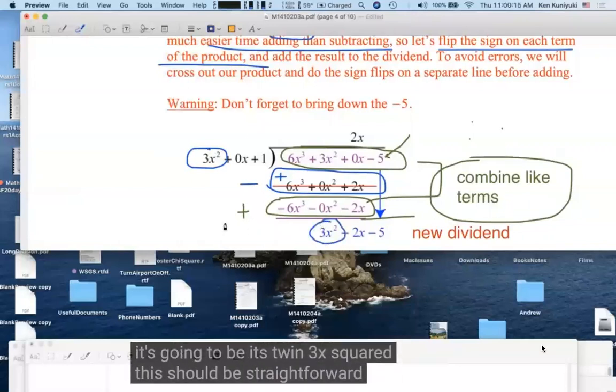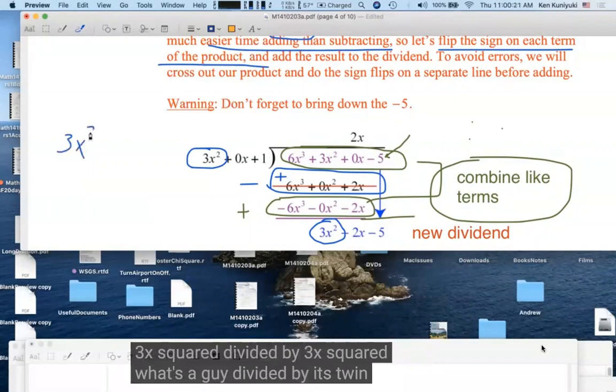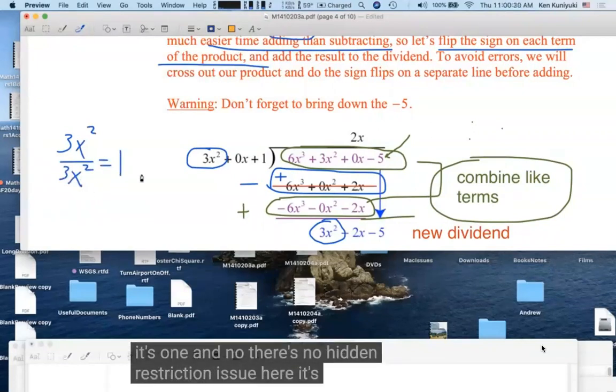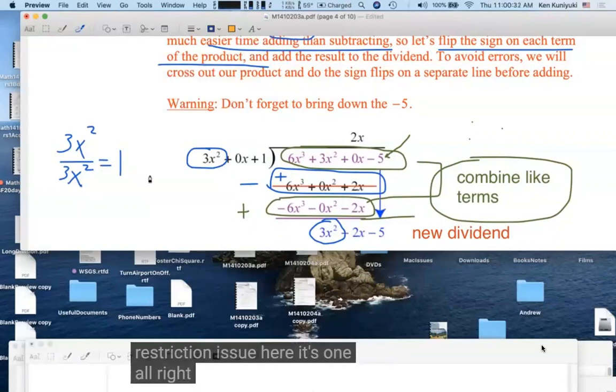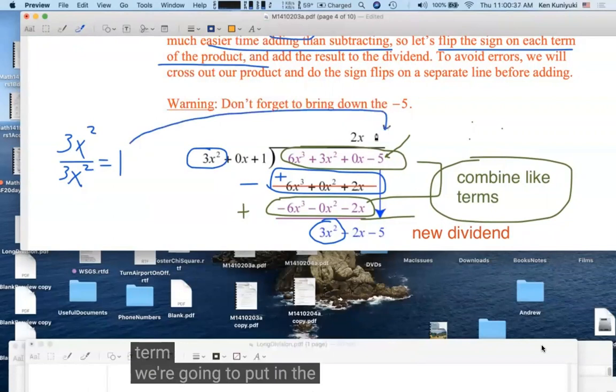This should be straightforward. What is 3x squared divided by 3x squared? What's a guy divided by its twin? It's 1. And no, there's no hidden restriction issue here. It's 1. All right? So that's going to be another term we're going to put in the quotient.